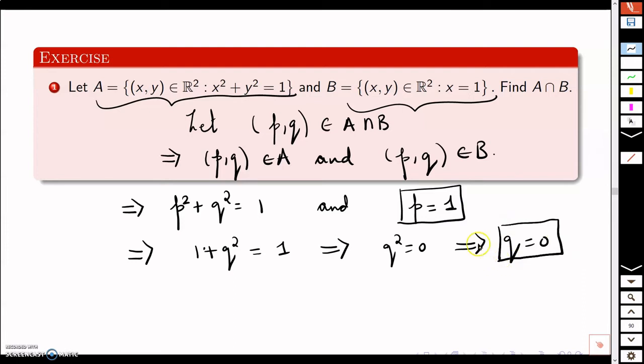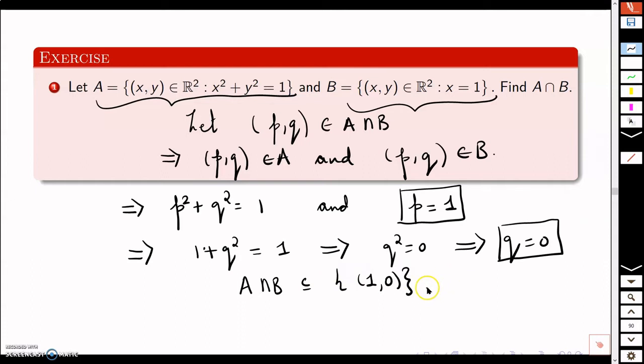So if you take any point (p, q) in A intersection B, it will be (1, 0). It has no other choice. So the set A intersection B is a subset of the singleton set having the ordered pair (1, 0).